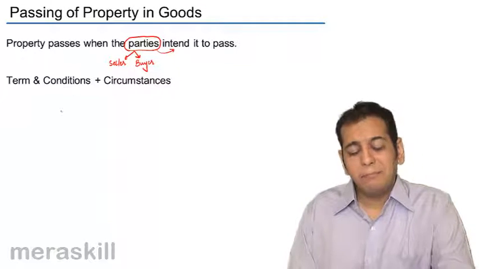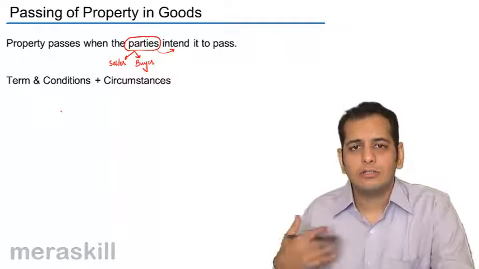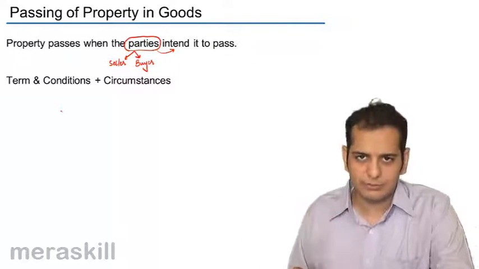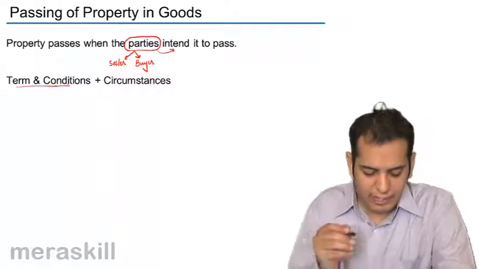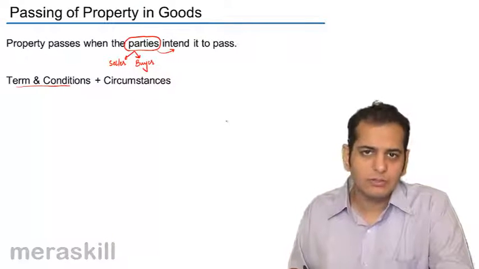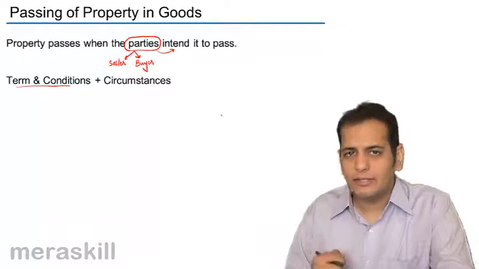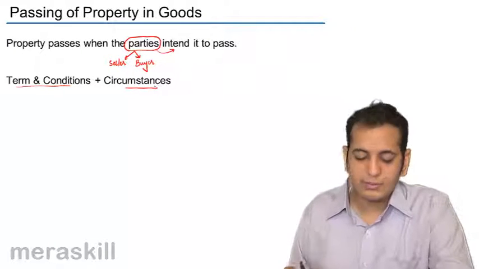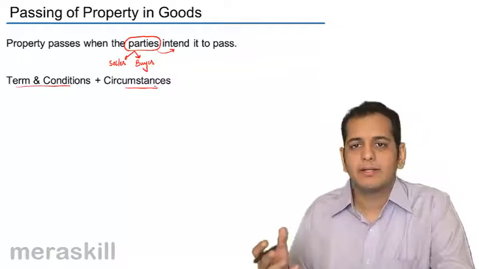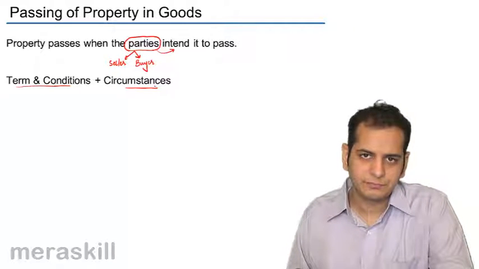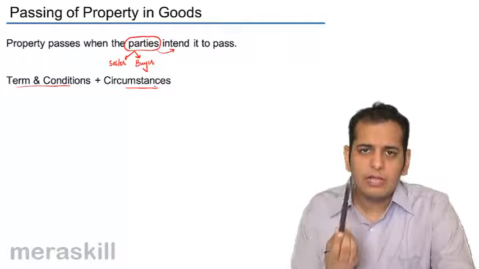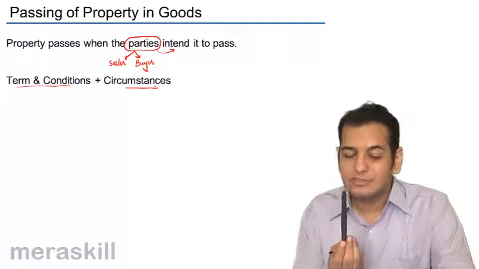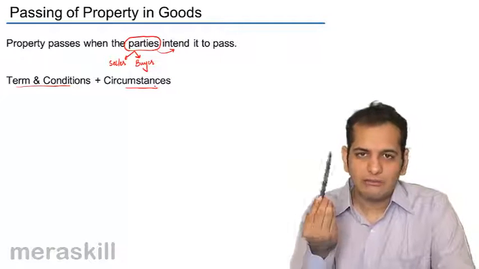Now, many times they do not express this intention. So what we do is we look at the terms and conditions of the contract. Possibly we get a hint from it, or we look at the circumstances and get a hint from them. So I'll give you an example. You come to me to purchase this pen and you tell me, I'll purchase this pen from you after 7 days.